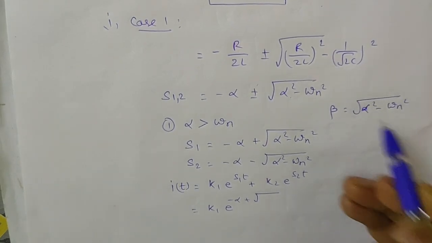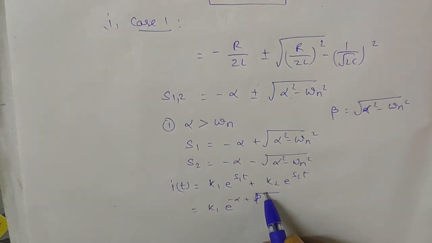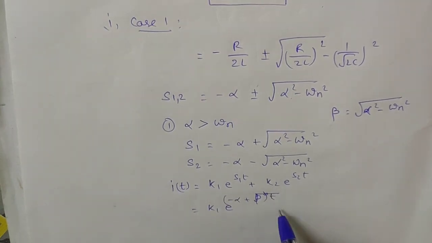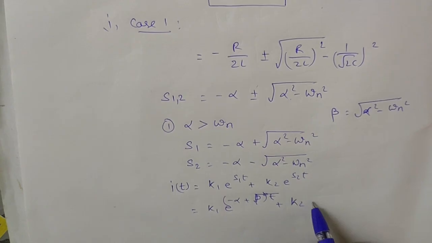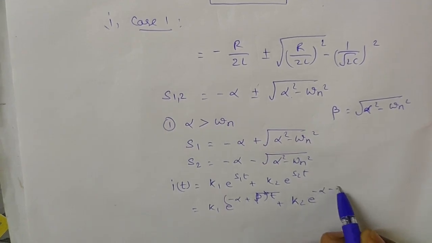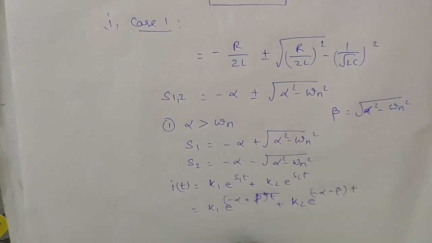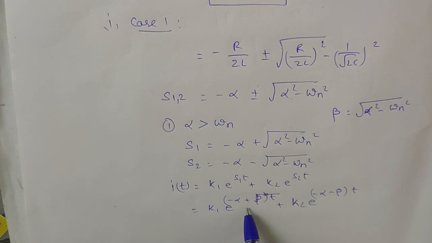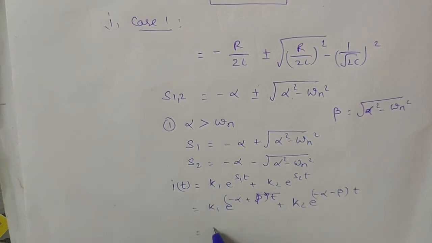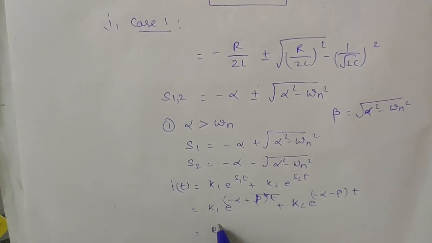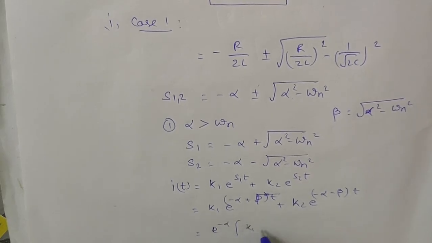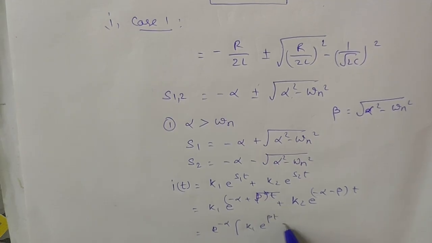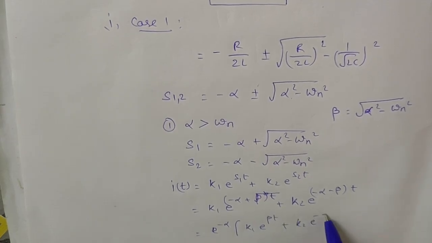For simplification we will write it as K1 e power minus alpha plus beta into t plus K2 e power minus alpha minus beta into t. If we further simplify, it will look like e power minus alpha t times K1 e power beta t plus K2 e power minus beta t.